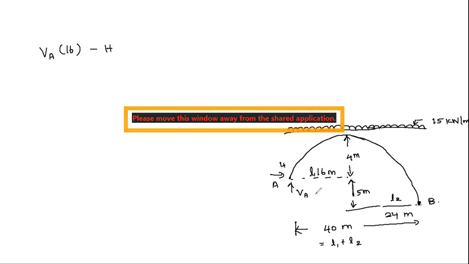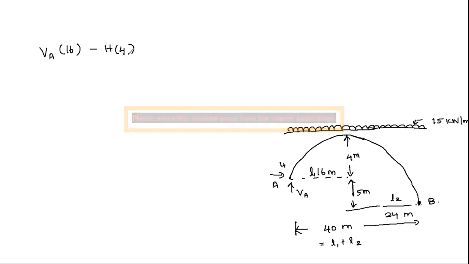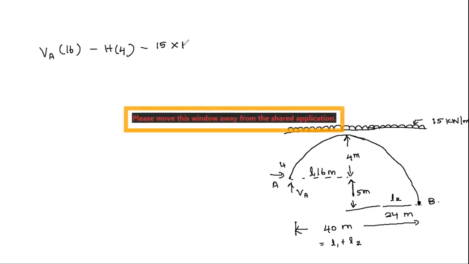minus H into the level difference between the crown and support A, which is 4 meter. Therefore, H into 4 minus the loading condition, that is 15 kilonewton per meter throughout the span. So 15 into 16 square divided by 2, which is equal to 0.